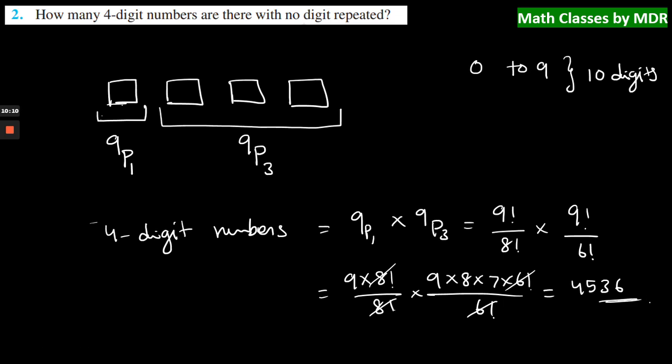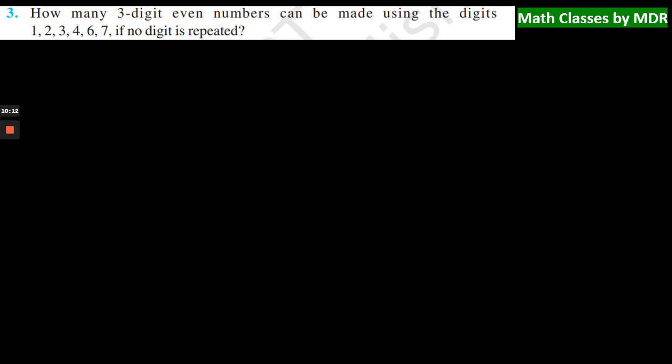I hope it is clear. Now let's go to the next problem. How many 3-digit even numbers can be made using the digits 1, 2, 3, 4, 6, 7 if no digit is repeated? This is a conditional permutation, right? So we have to form 3-digit numbers such that all the numbers are even numbers.